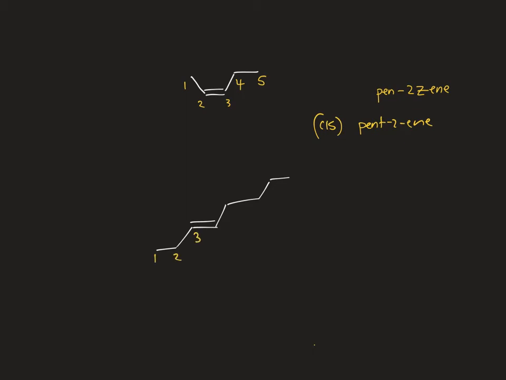Again, we're starting from the left because the double bond will fall on position 4, rather than if you did it from the other side, it would fall on position 5, so that's incorrect. Let's go back to this name. It's going to have 8 carbons, so it's an octene. The double bond starts at position 3, so it's oct-3-ene. We can see that this configuration is a cross, so trans. And if you're naming it correctly, you would put (E)-oct-3-ene at that point.